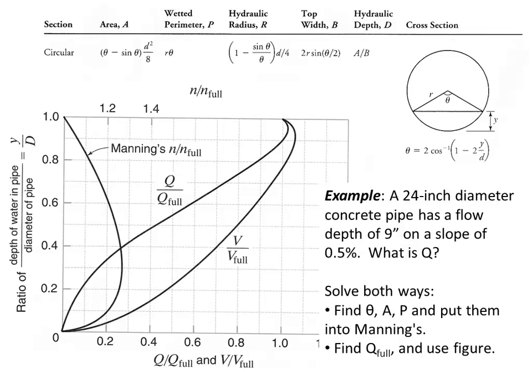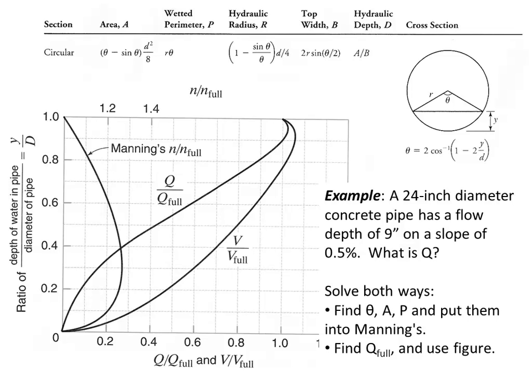And the difference is that, remember, when we've only got 9 inches of depth, more of the flow is in contact. It's closer to the resistant surface, and so it has an effective n value that's greater than it would be if the pipe was all the way full. Because when the pipe is all the way full, more of the flow area is further away from the resistance surface.